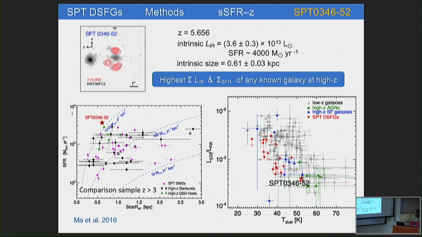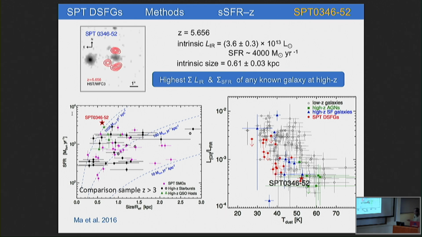This is just to show you the star formation rate versus size measurement compared to high redshift starbursts and quasar hosts. The dashed lines represent the constant star formation rate surface densities, and 0346 stands out here.